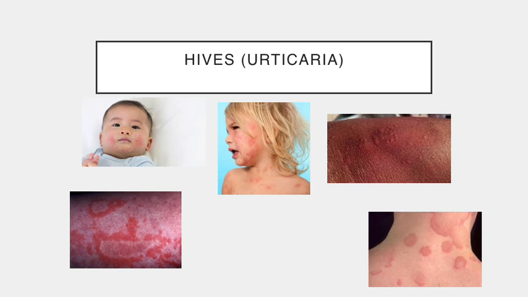But basically, hives, urticaria, is red, itchy, welt-like, and results from a skin reaction. It can be either to something ingested or that touches the skin. Again, those very atopic patients could wind up with hives. But it can also be an allergic reaction to something that is taken by mouth or ingested.